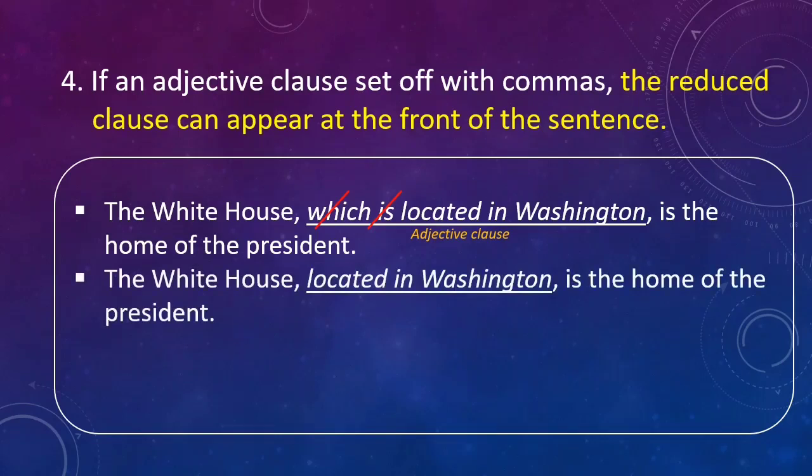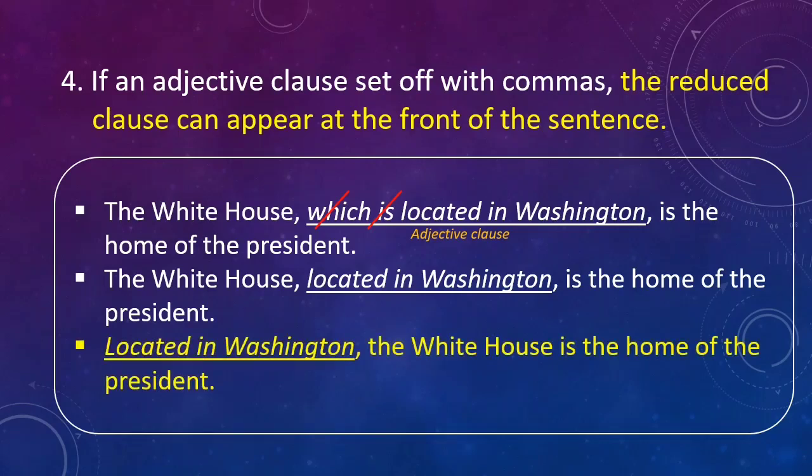So, the sentence will be, the White House located in Washington is the home of the president. The reduced adjective clause located in Washington can appear at the front of the sentence. As the third example, located in Washington, the White House is the home of the president.